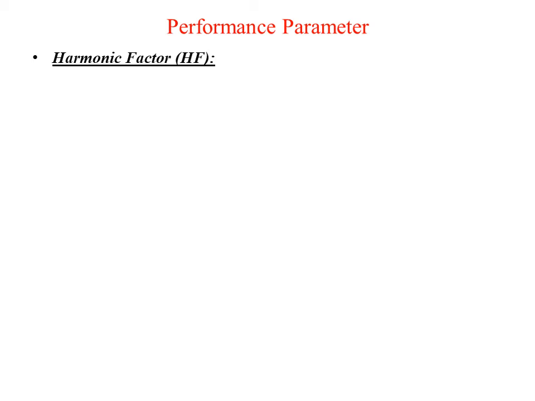The harmonic factor of the nth harmonic, which is a measure of individual harmonic contribution, is defined as HFn is equal to Vn divided by V1, where V1 is the RMS value of the fundamental frequency and Vn is the RMS value of the nth harmonic component.